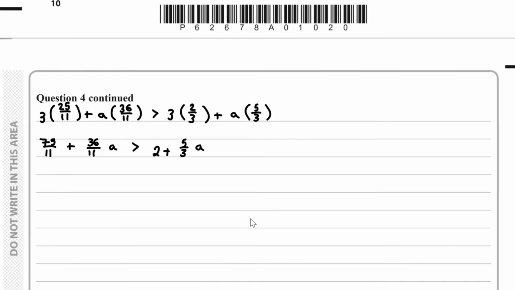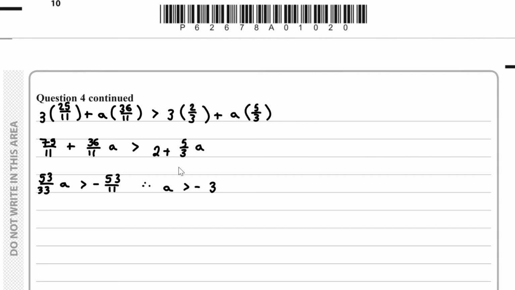And if we rearrange, we have 53 over 33 lots of a being greater than minus 53 over 11, and therefore you'd find a to be greater than minus 3.